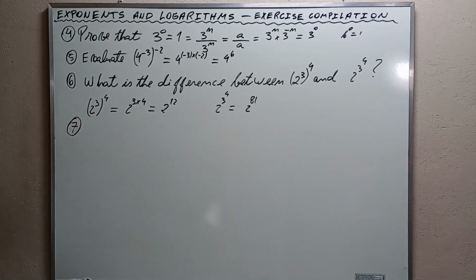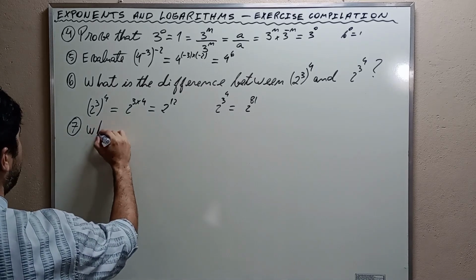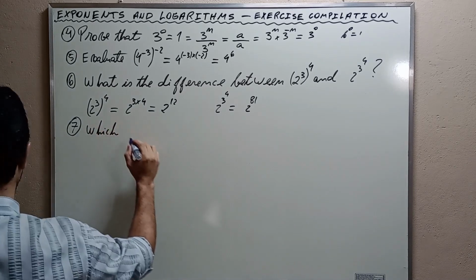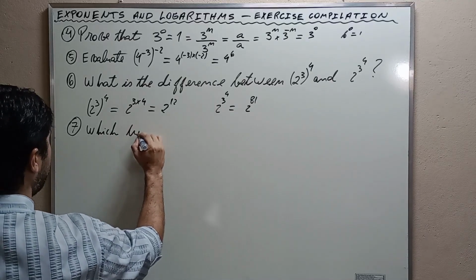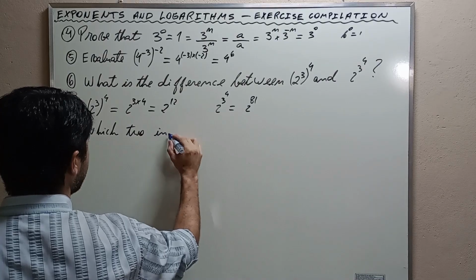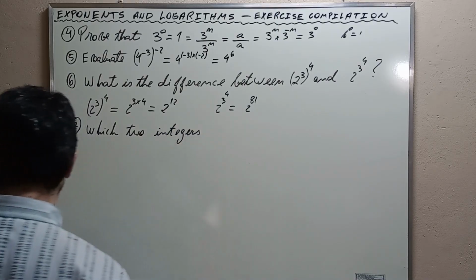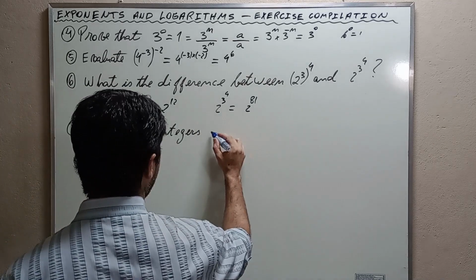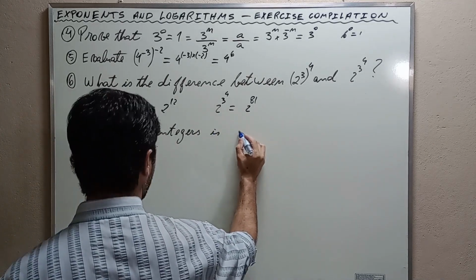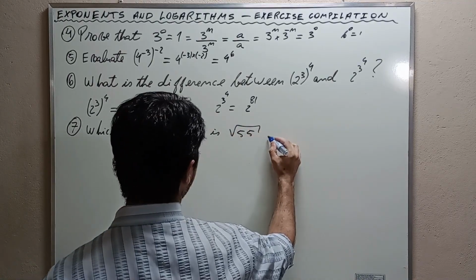Which two integers is the square root of 55 between?